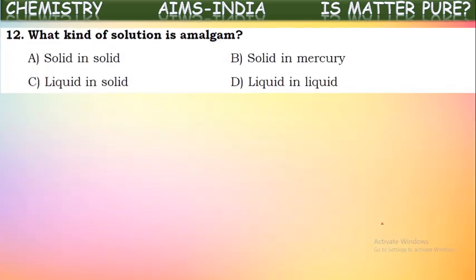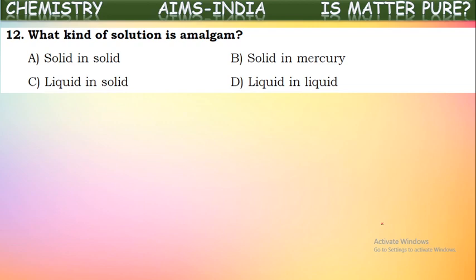what kind of solution is amalgam? Yes, amalgams are also mixtures. Actually, these come under metal mixtures, but in this, one of the metals will be mercury. When metals are dissolved into mercury, they form a homogeneous mixture called amalgam.